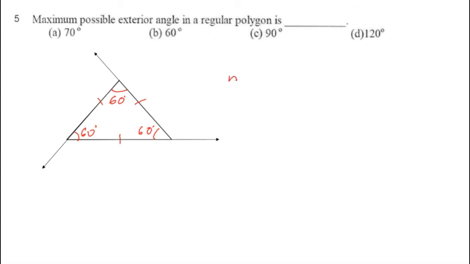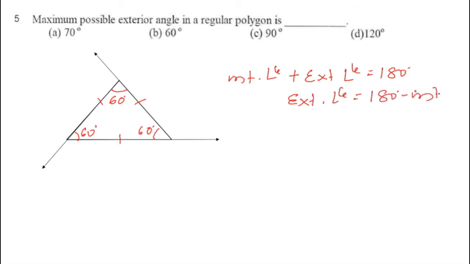As I mentioned, the interior angle plus the exterior angle, their sum is 180 degrees. They are supplementary. Here, each exterior angle will be equal to 180 degrees minus the interior angle, and we get 120 degrees as the angle. So option D is the right answer.